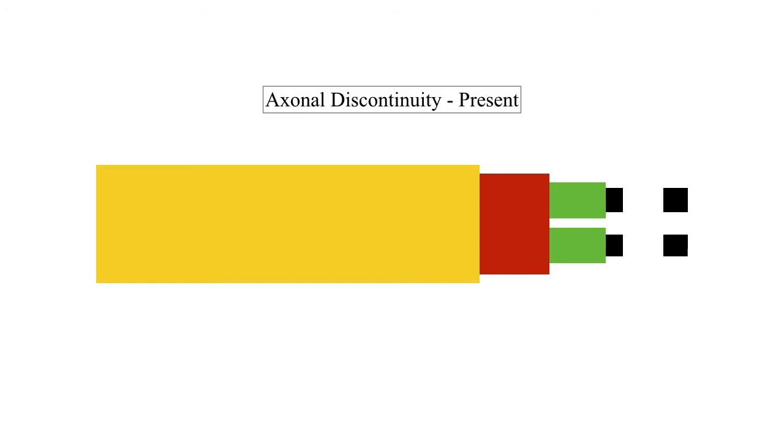Now the next type of nerve injury, instead of a physiological conduction block, there is anatomical discontinuity of the axons. So this axonal discontinuity, and in some cases there will also be discontinuity of the endoneurium and perineurium. However, the outer covering layer, that is the epineurium, is intact.